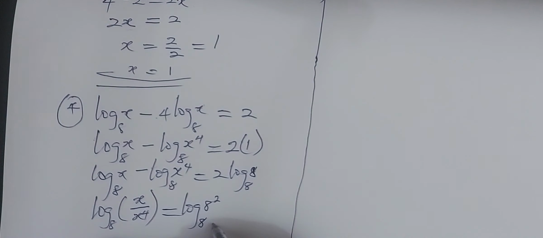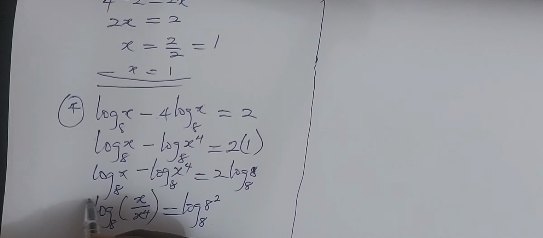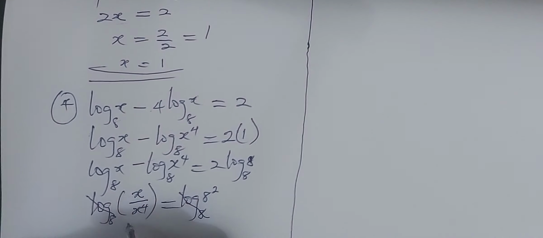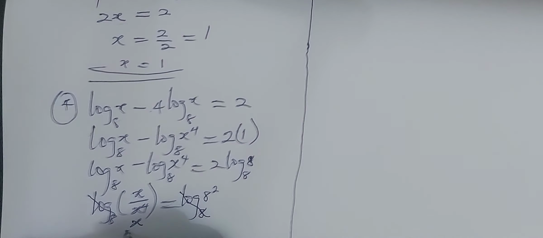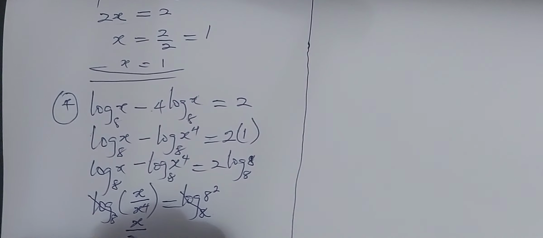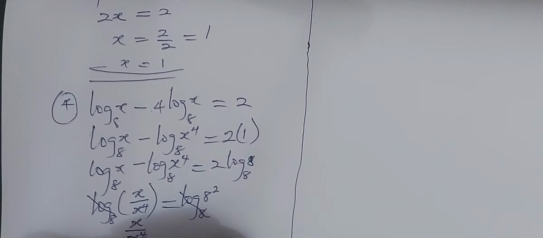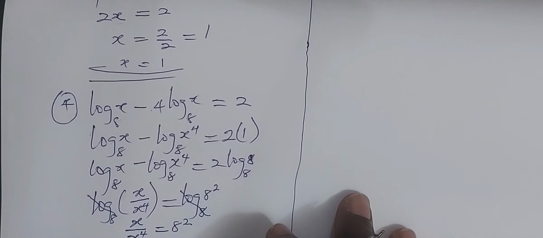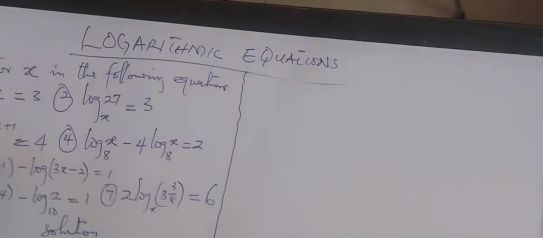This log cancels this log, and we have this left: x over x raised to the power of 4 equals 8 squared.